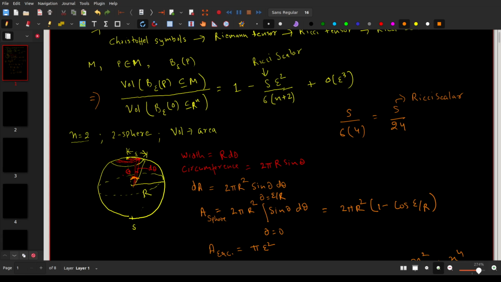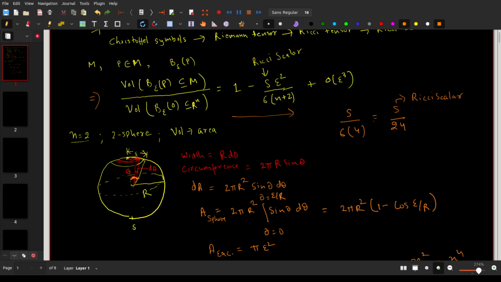Calculate the volume of a ball of small radius epsilon, centered at a point P, and take its ratio divided by the volume of the ball of the same radius in Euclidean space, and then its series expansion in epsilon must be of this form, and the coefficient of the epsilon square term must be the Ricci scalar divided by 6 times n plus 2.